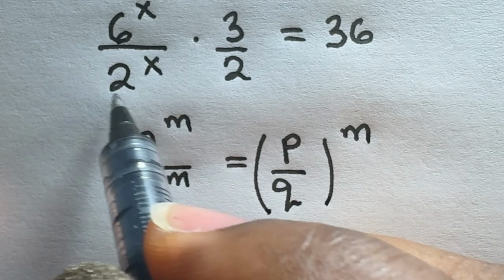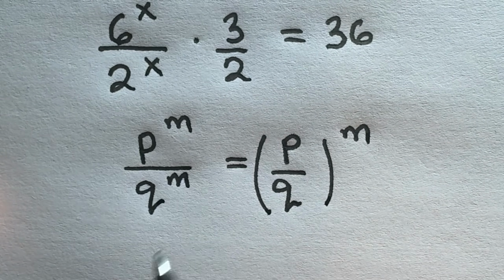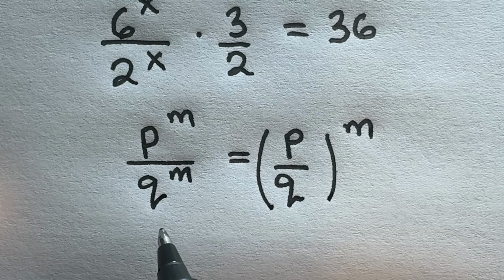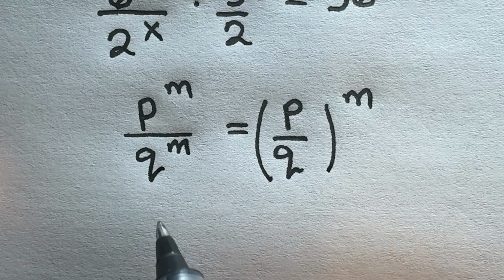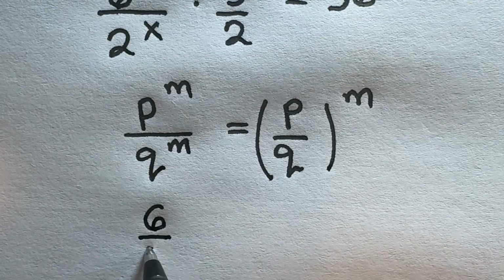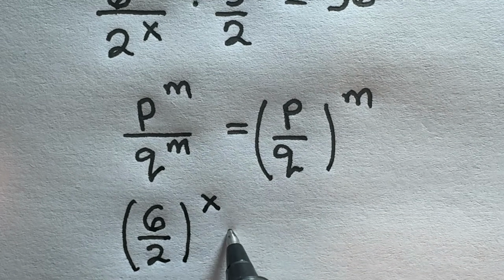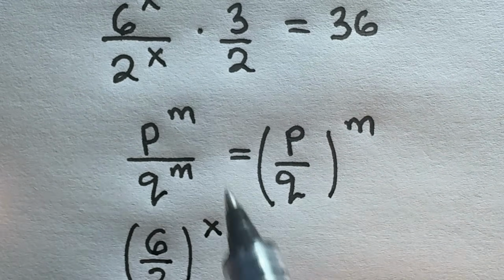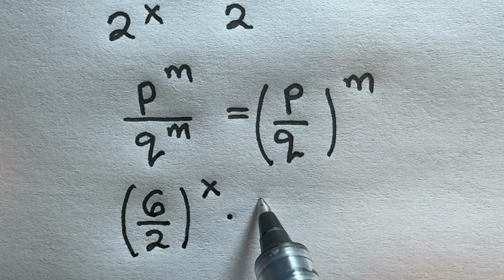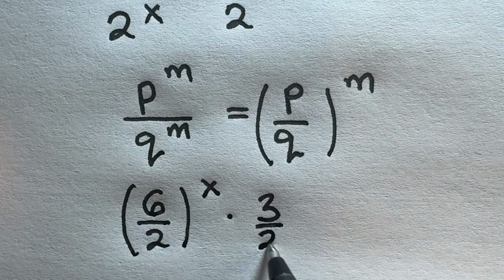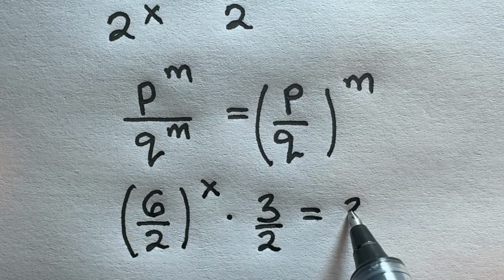So we then have for this left hand side expression 6 divided by 2 raised to power x, then times 3 divided by 2 to give us 36.